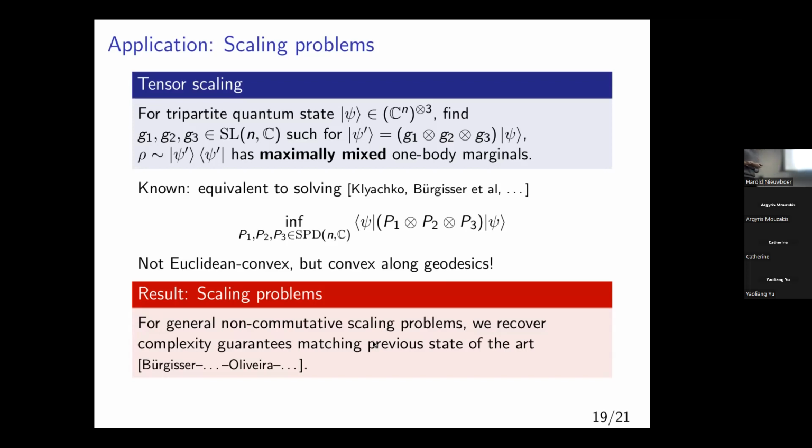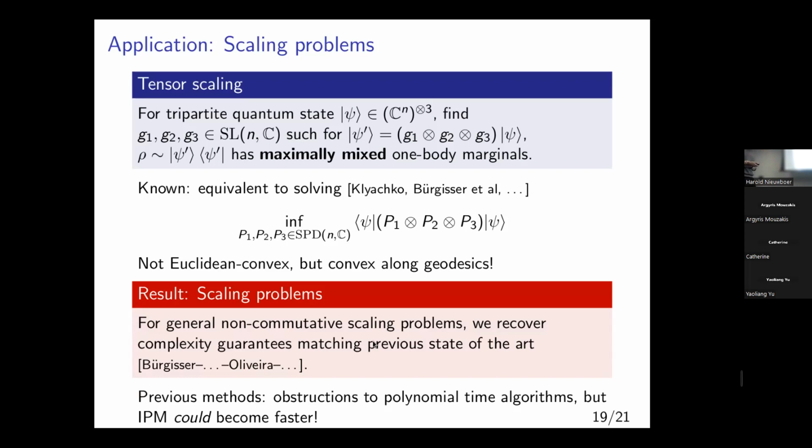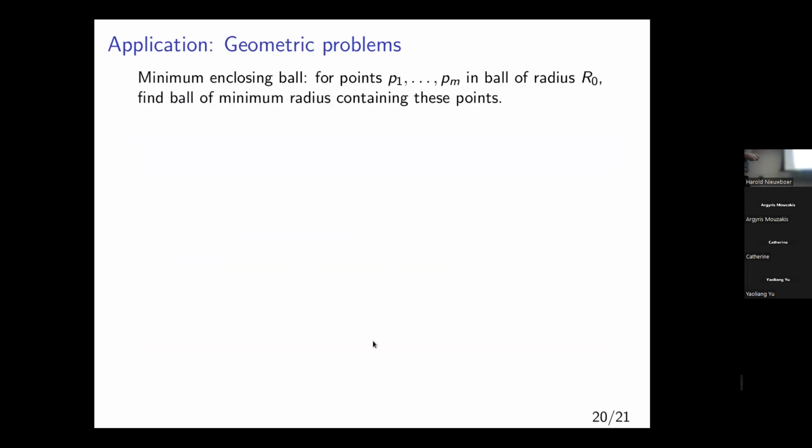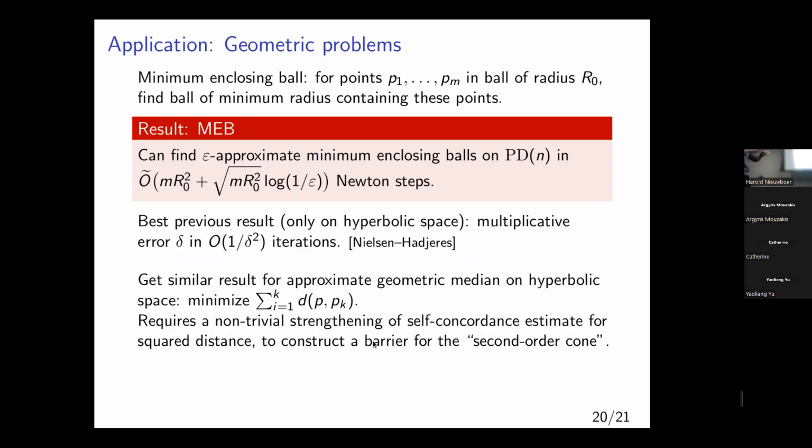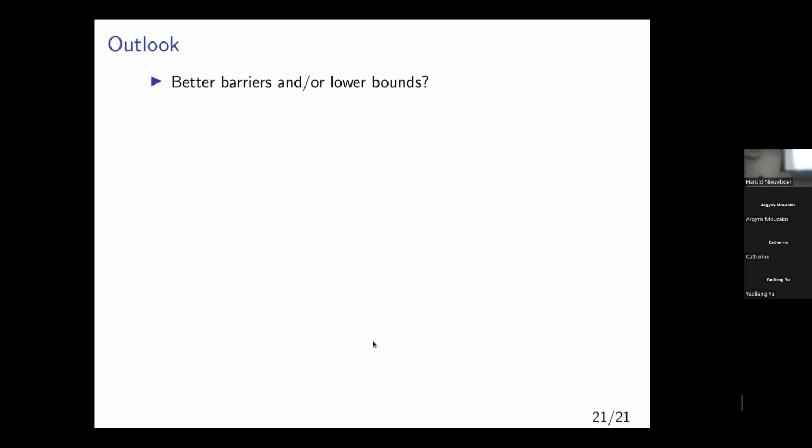But our main motivation for this work was that all these previous methods that we had for solving these types of optimization problems have good obstructions to polynomial time algorithms. But interior point methods could become faster. We don't know how to make them faster than whatever was there previously yet, but we have hope. There are also some other geometric applications which I will just skip in the interest of time.